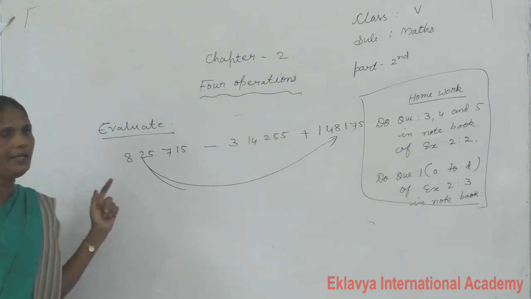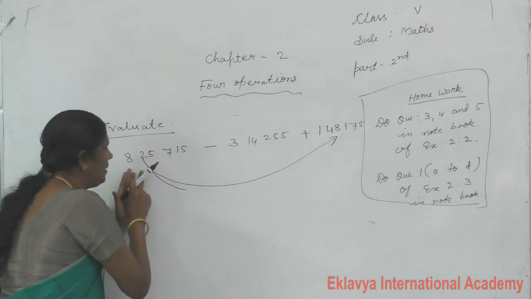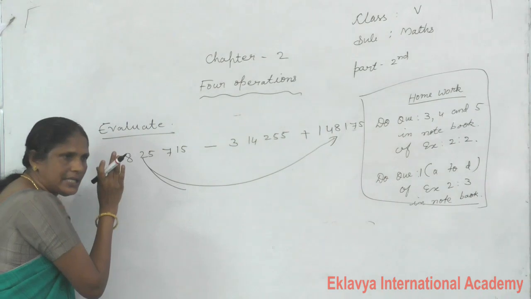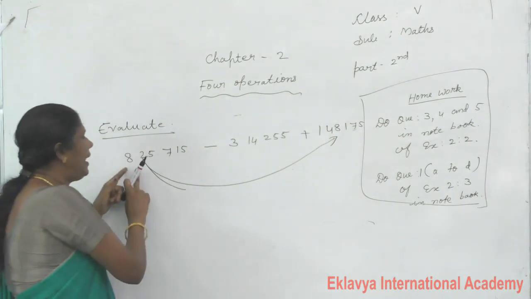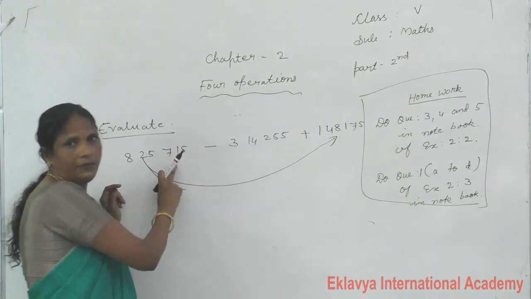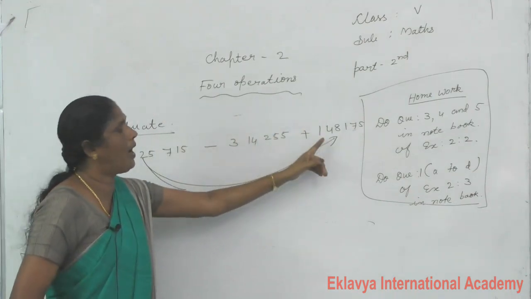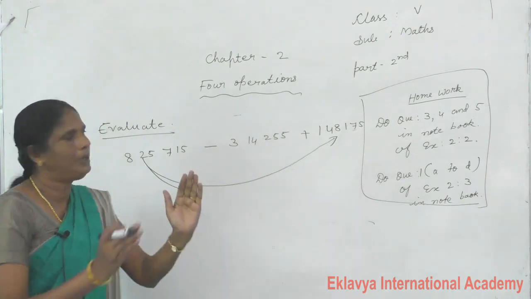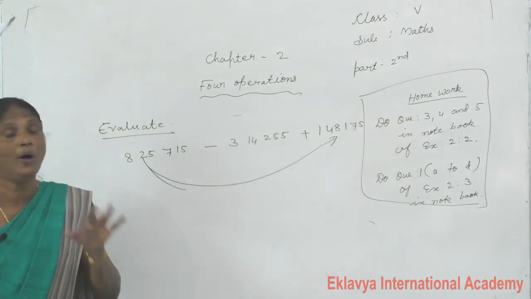Then which is the addition here? There is no sign before the first number, so suppose this is addition. 8,25,715 and 1,48,175, both numbers you add first.